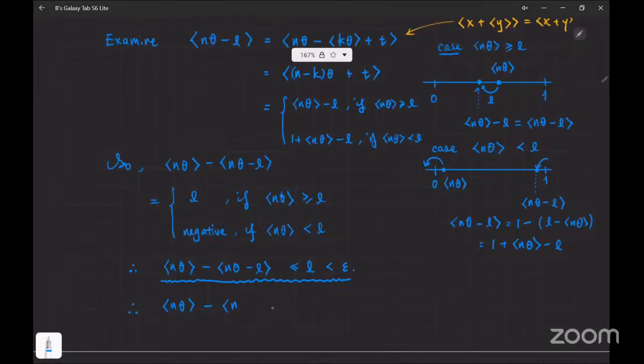This is (n minus k) theta plus t. This subtraction is always less than epsilon for all integers. Okay, so that's interesting.